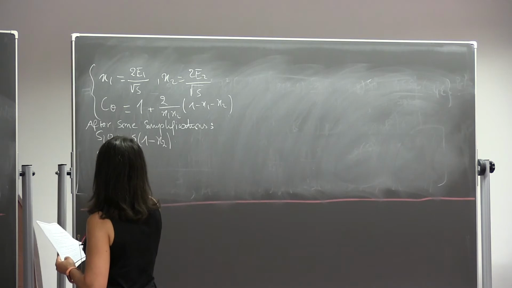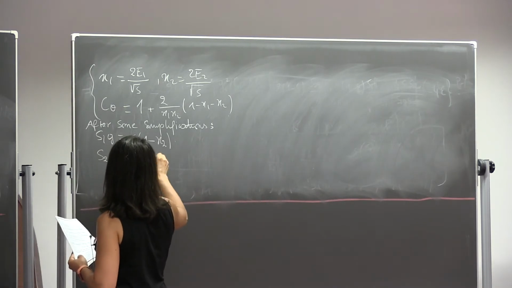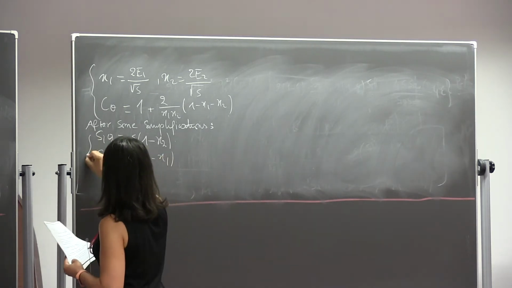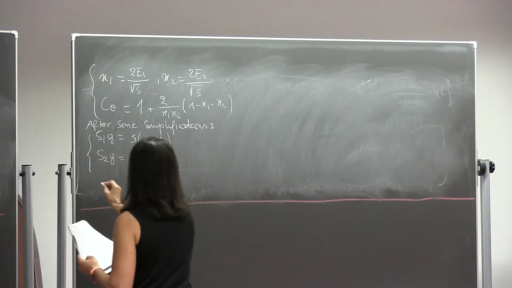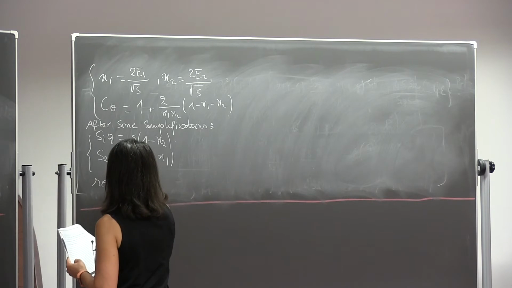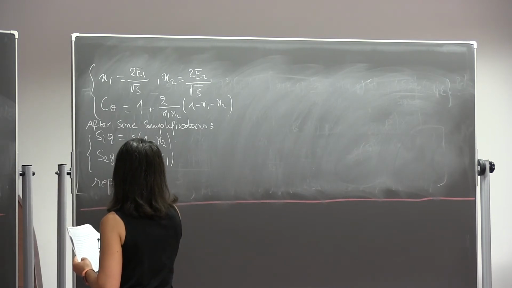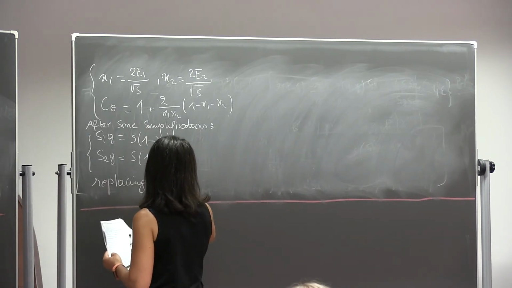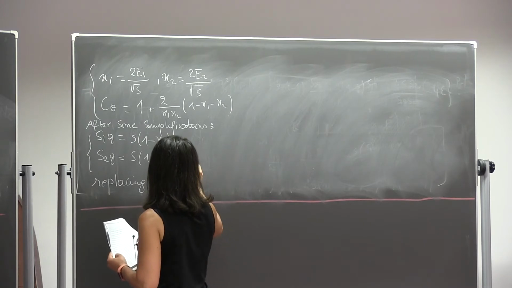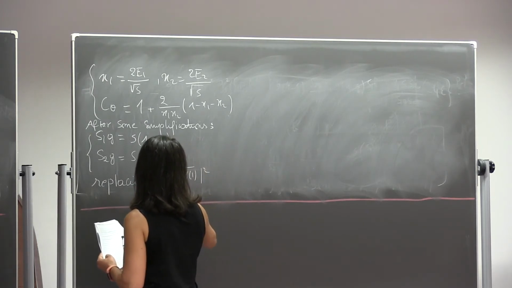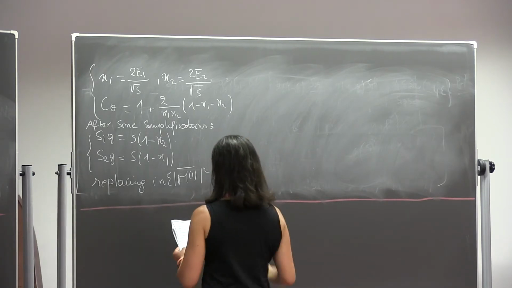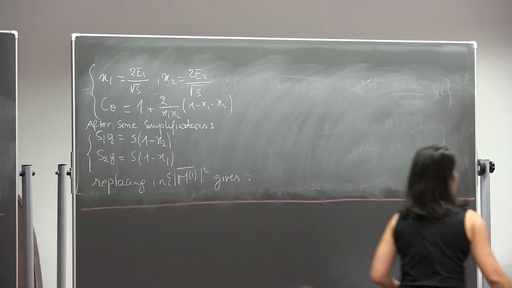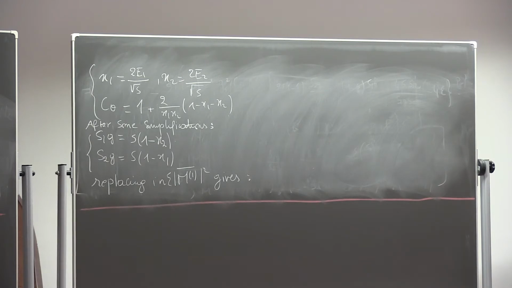S2G is just S times 1 minus x1. And so replacing the amplitude squared will give us something that is pretty short compared to what we had before.